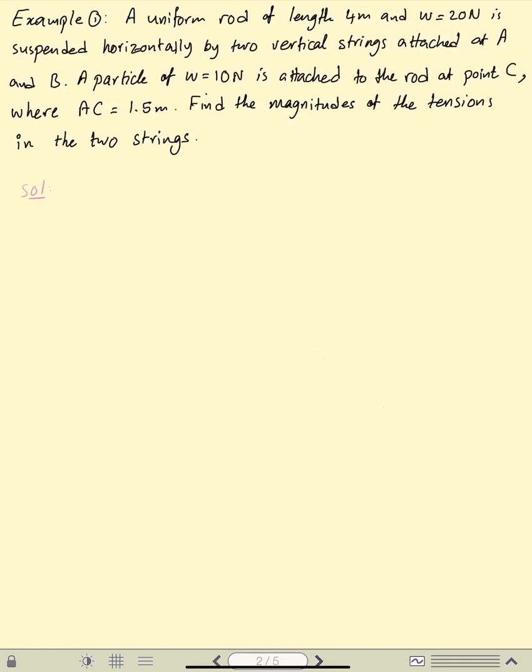Example number 1. First example to explain what we were saying. Straightforward, easy question, the first one. Question says, uniform rod of length 4 meters.